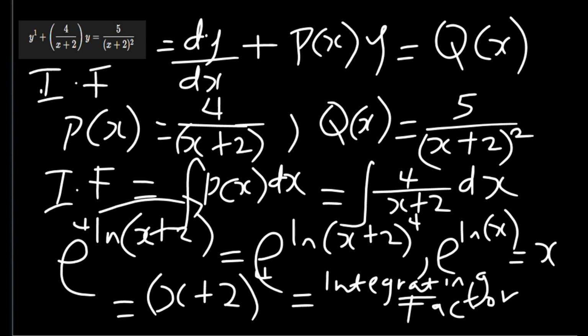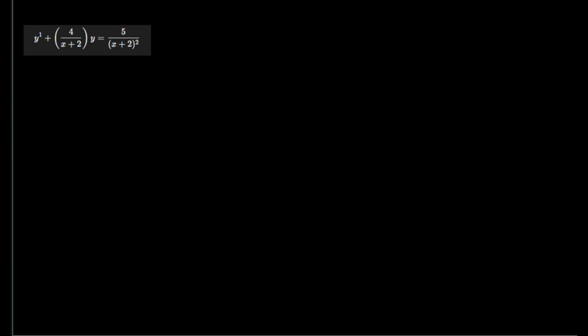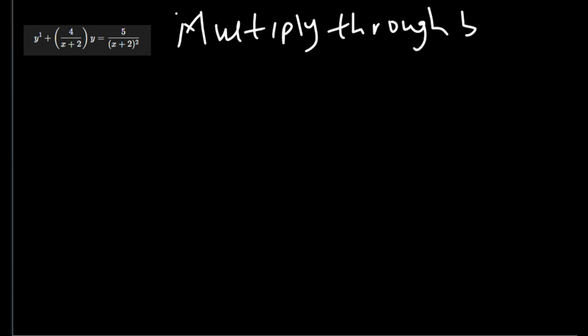So for the first expression we have y prime, which is the same as dy dx. Not to make it complicated, let's just use y prime. So we have x plus 2 to the power 4, which is our integrating factor, multiplied by y prime.